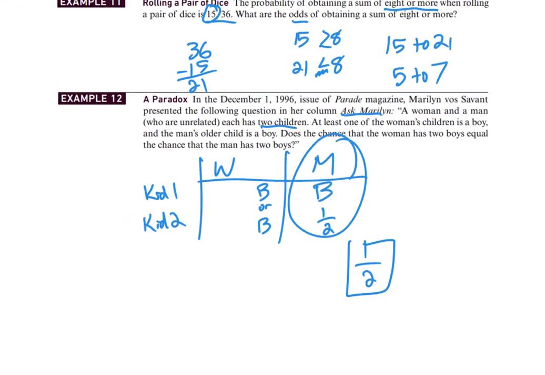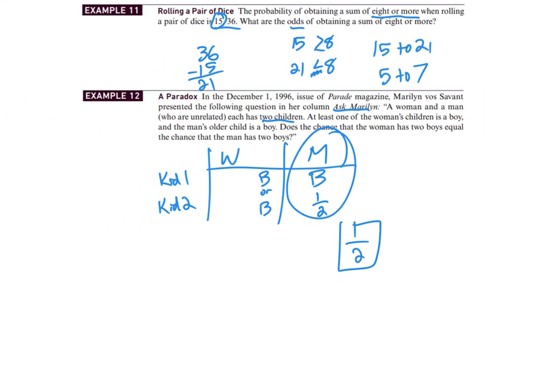Now, if we look at the woman, there are options. The first could be a boy and the second one could be a boy. The first could be a boy and the second a girl. And the last one is the first could be a girl and the second one a boy. So there are 3 options here, and they're all equally likely.